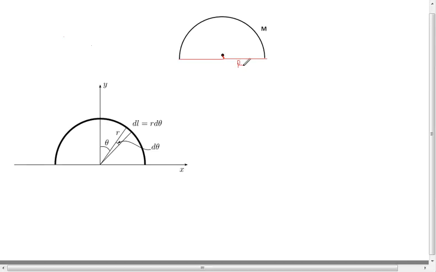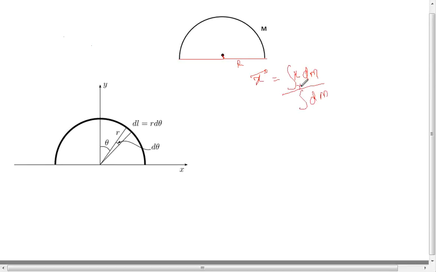Now we want to find the center of mass. Center of mass is basically the coordinate of this point, and we will find it with the help of this equation. The x coordinate of the center of mass is the integration of x dm, from x1 to x2, divided by the integration of dm.